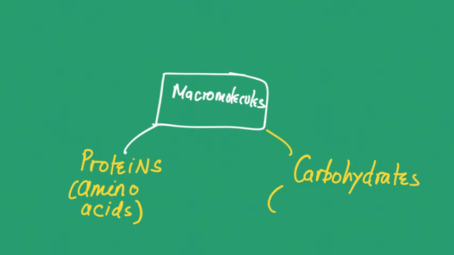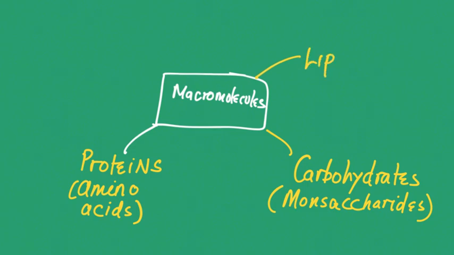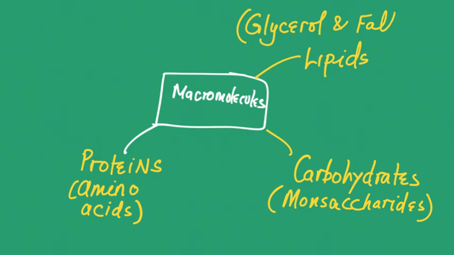Carbohydrates are made up of monosaccharides. Monosaccharides are the building blocks of carbohydrates. The next one we'll look at is lipids and fatty acids. These are the building blocks of a lipid.